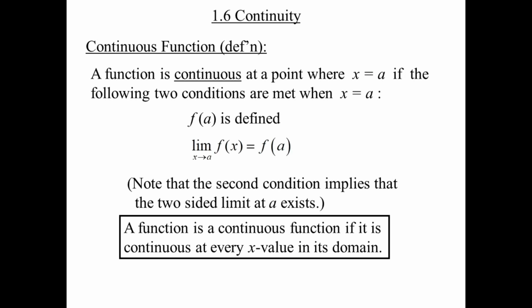A function is a continuous function if it is continuous at all the x in its domain. Three types of discontinuities. Well, if you can draw the function using your pencil without lifting your pencil from the paper, then it's a continuous function.